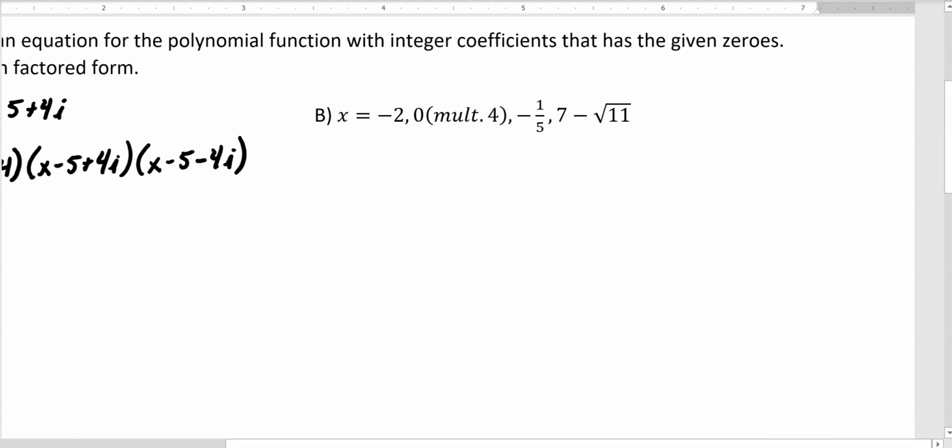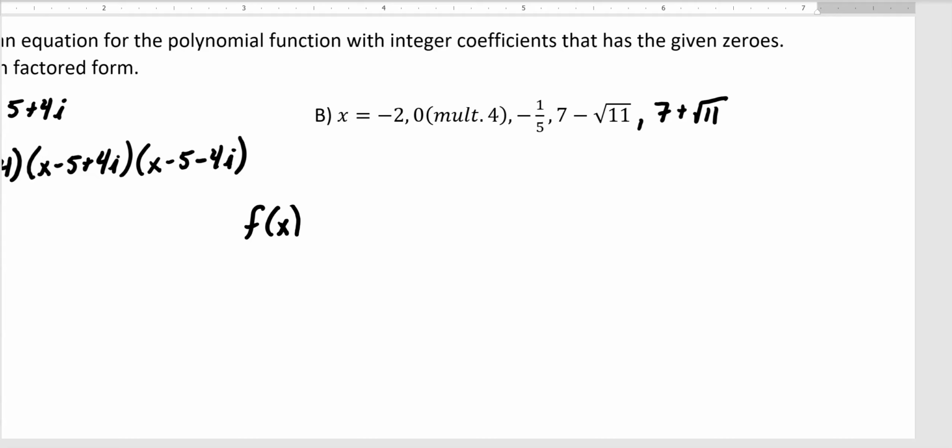All right, let's look at letter B here. Oh my gosh, look at all these factors. So I got -2, 0 with a multiplicity of 4, -1/5, 7 minus the square root of 11. Well, remember, this is an irrational zero, so 7 plus the square root of 11 must also be a zero. Let's go ahead and write this one out here, f of x.